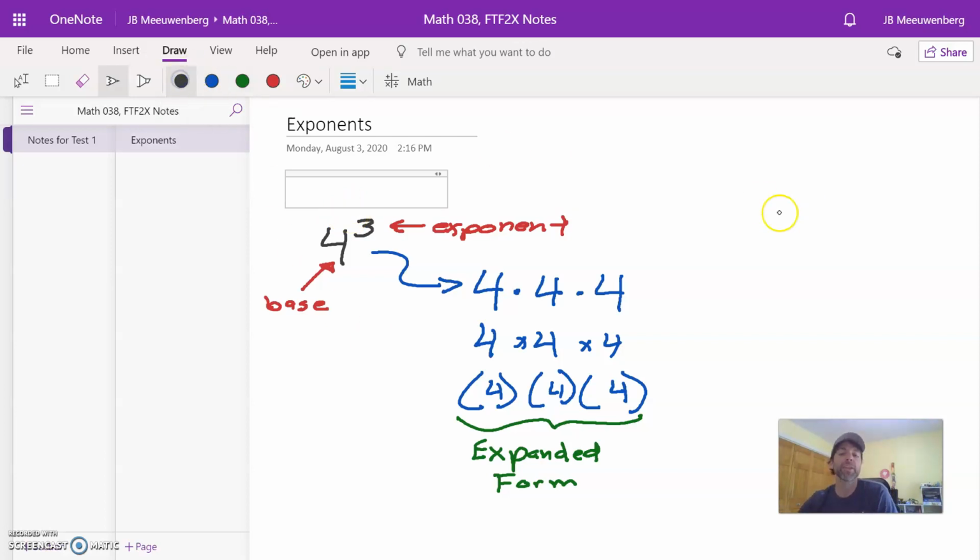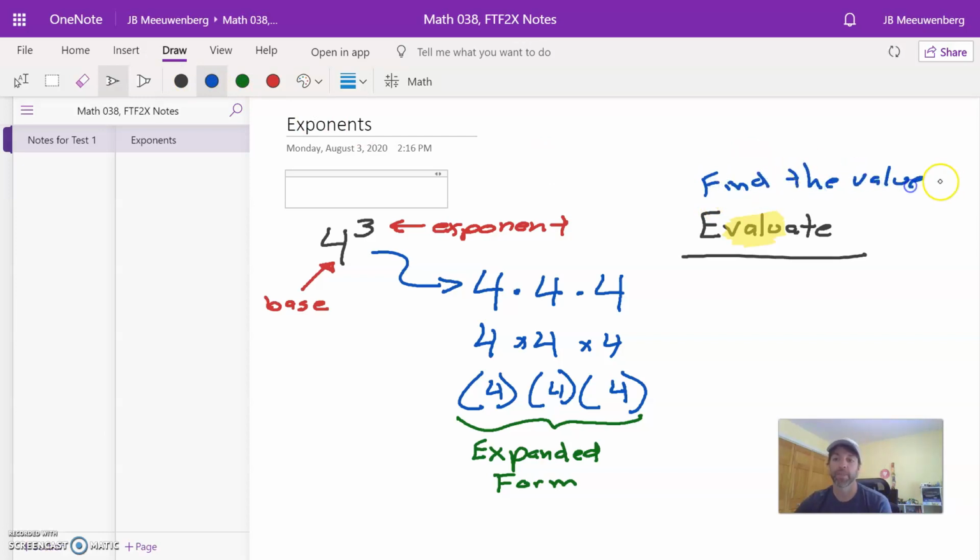Well, then we're going to introduce a new word, which is evaluate. You're going to see this word all the time. Right in the middle of the word evaluate is the word value. Evaluate means find the value of whatever thing comes next.